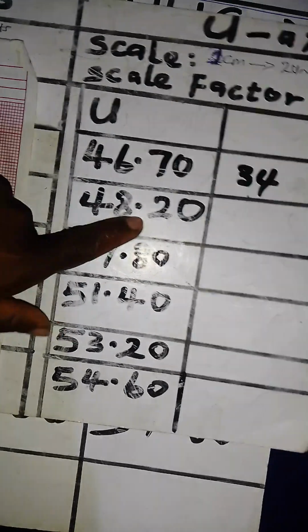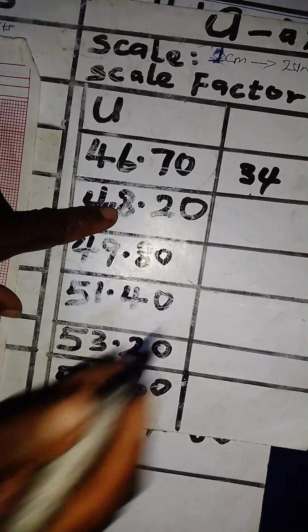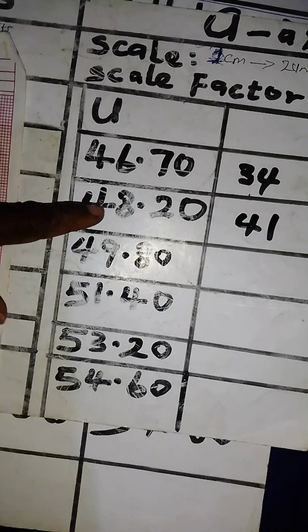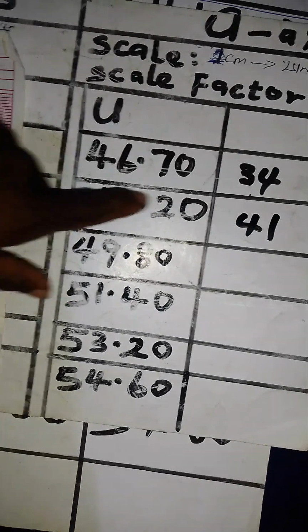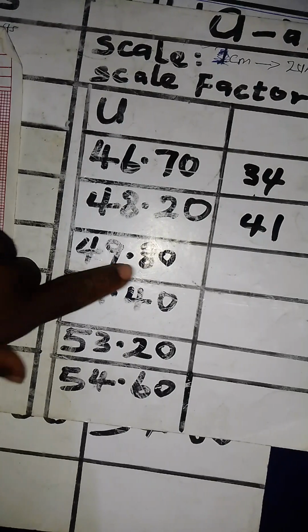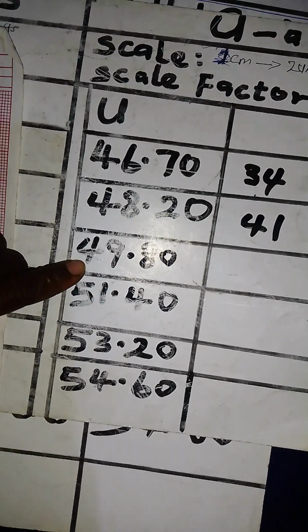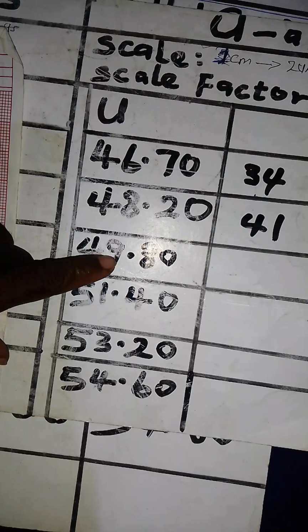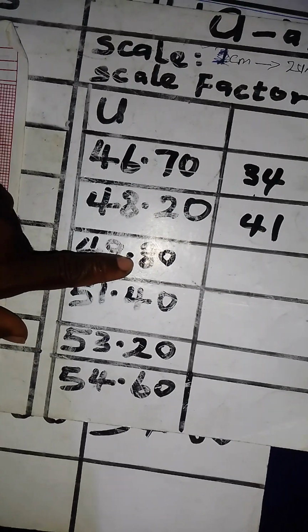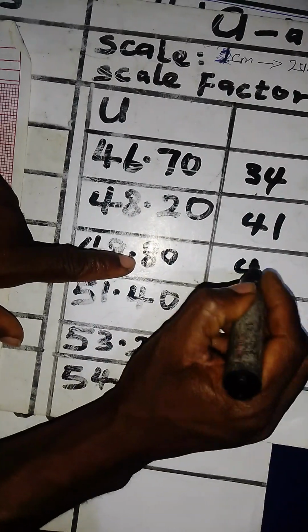If you do this to this value, you will get 41 units. Remember, we are dividing by 0.2, which is the scale factor. Then 49.8 becomes 9.8 after you subtract 40, and dividing by 0.2, you get 49 units.